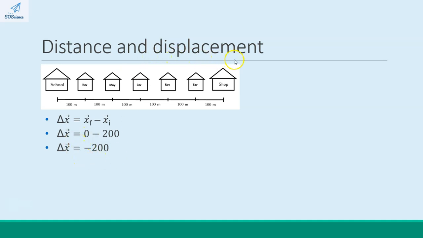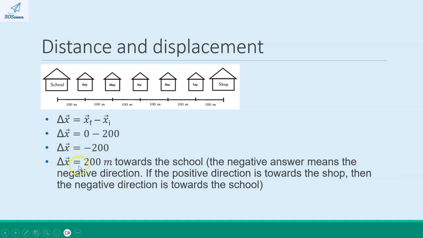Remember that towards the shop was the positive direction, which means that towards the school is the negative direction. And that makes sense because May started off at home and ended up at school. So that means that the final answer is 200 meters towards the school. The negative answer means the negative direction, and if the positive direction is the shop, then the negative direction is the school.